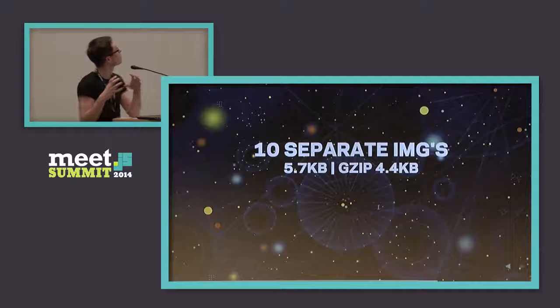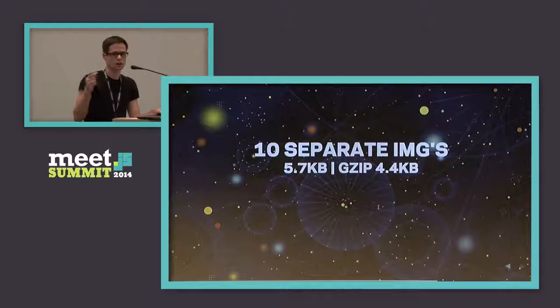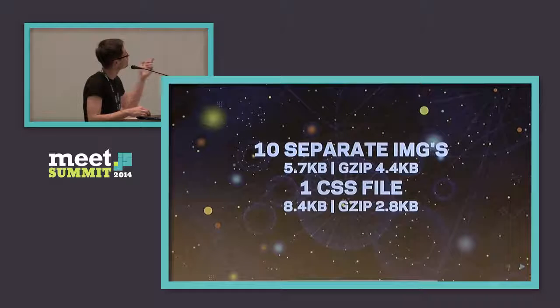You can have your icons at size 5.7 kilobytes, and the gzipped version saves only 4.4 kilobytes. Not safe, but is finally. So you don't save much. You cannot gain much compression on compressing separate files. And one CSS file is larger, but after compression it's small.